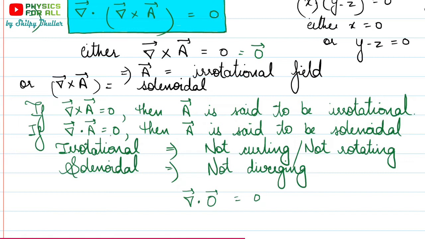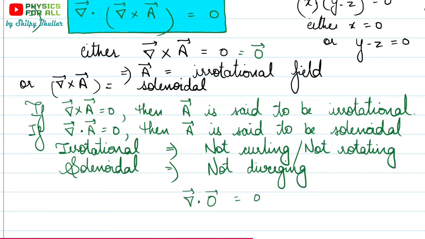I hope you can understand this. Just by this expression we can directly infer this. Either del cross A is 0 or 0 vector, which implies that A is an irrotational field. That means your field is not rotating. So obviously the curl obtained would be 0, and then divergence of any 0 vector would be 0.